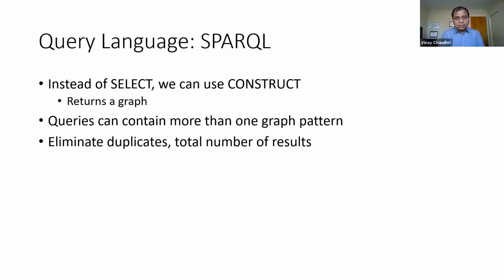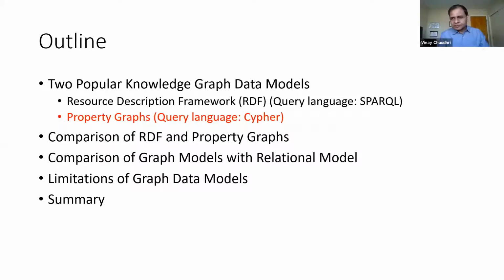In general, queries can contain more than one graph pattern. SPARQL also gives facilities to eliminate duplicates, to count the total number of results, and a few other aggregate operations. With that, I will now move to the property graph data model.